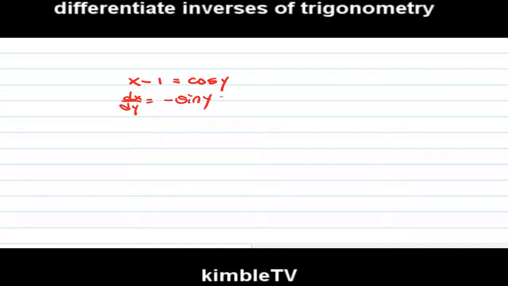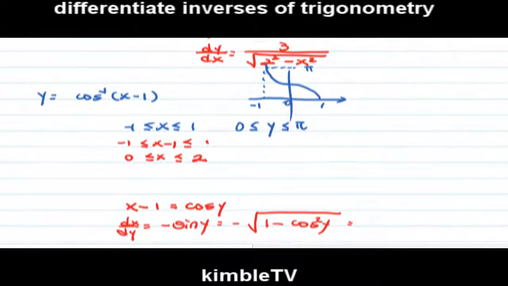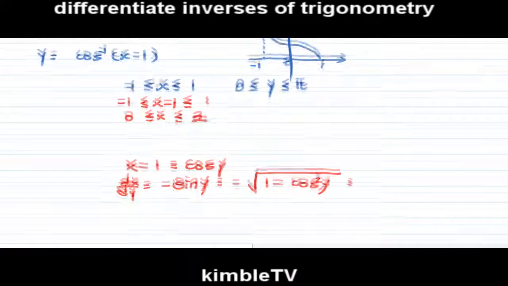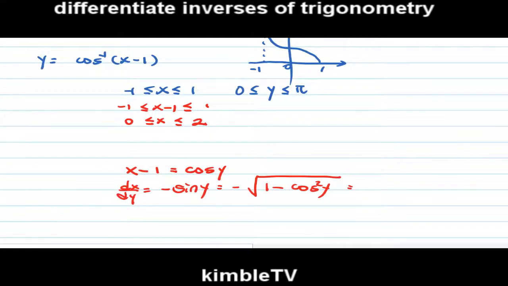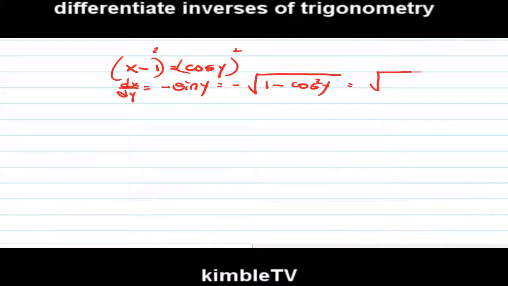Minus sin y is the same as minus root of 1 minus cos squared y, and cos squared y is (x minus 1) squared.